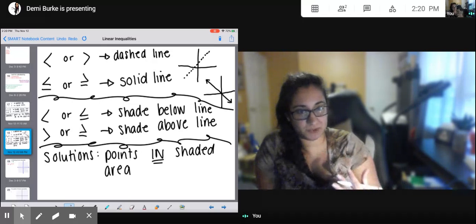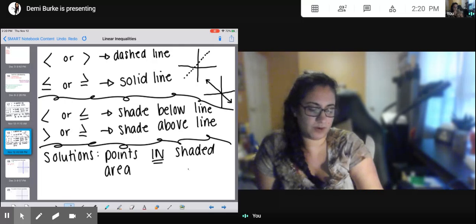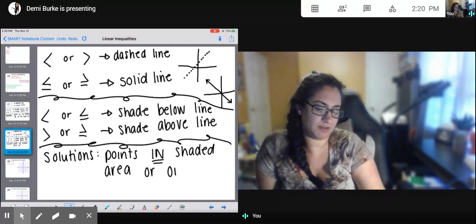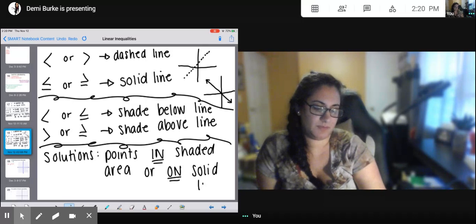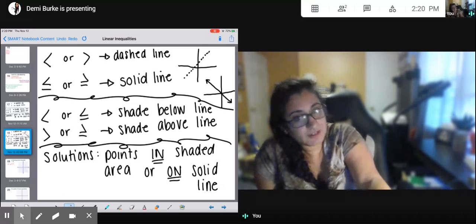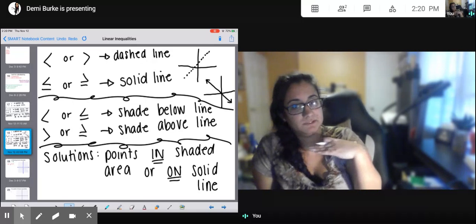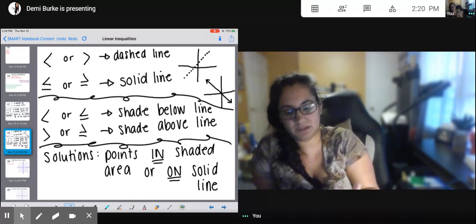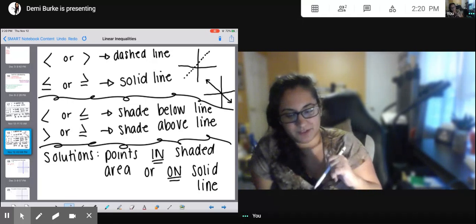Those are all different solutions. So they're either points in the shaded area or points that are on the solid line. Not on the dashed line. It must be a solid line because, like we said, solid has the equals to, so that means it's being included. I'll leave this here for you to pause so you can do what you gotta do.